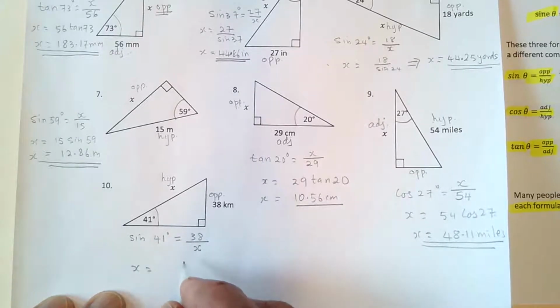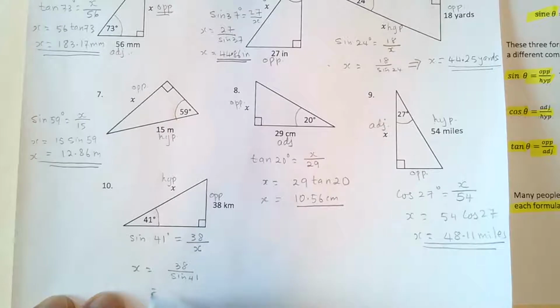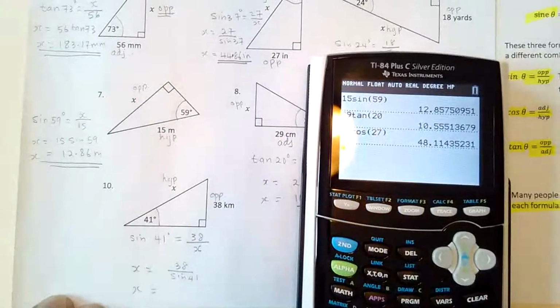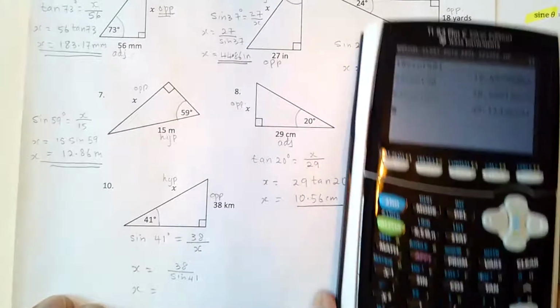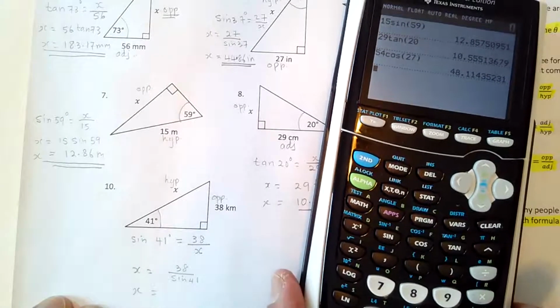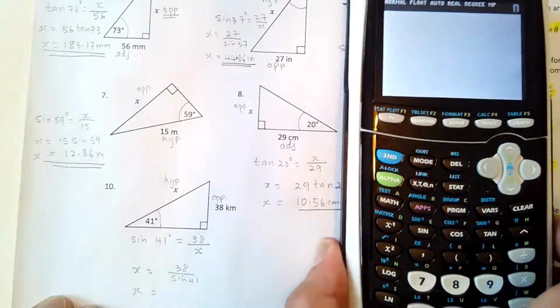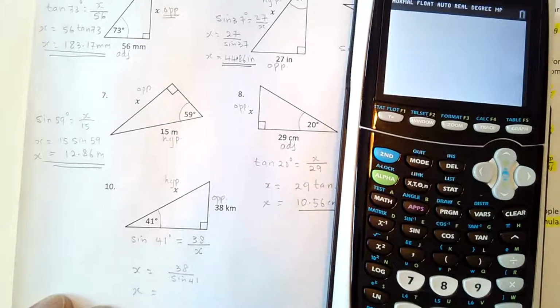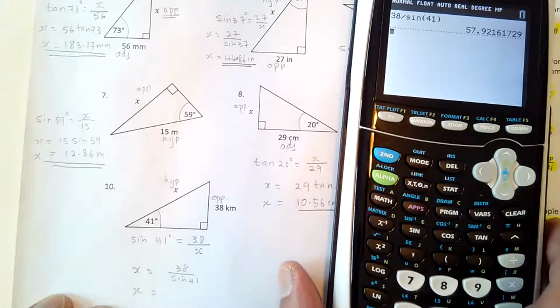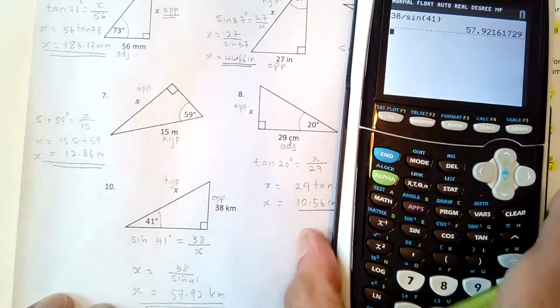So x is equal to 38 divided by sine 41. Let's go to our calculator. 38 divided by sine 41 gives 57.92 shillings.